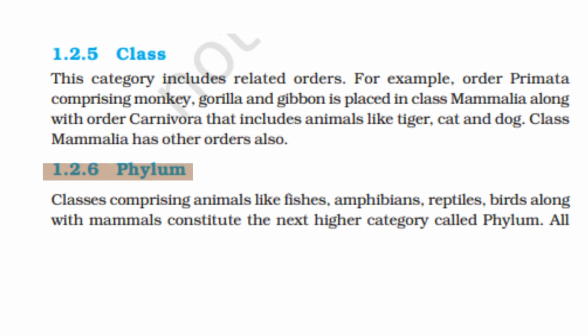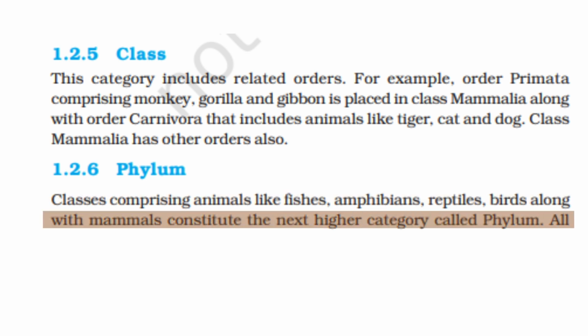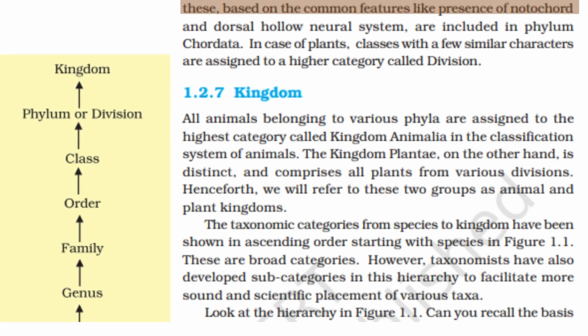Phylum. Classes comprising animals like fishes, amphibians, reptiles, birds, along with mammals, constitute the next higher category called phylum. All these, based on the common features like presence of notochord and dorsal hollow neural system, are included in phylum Chordata.